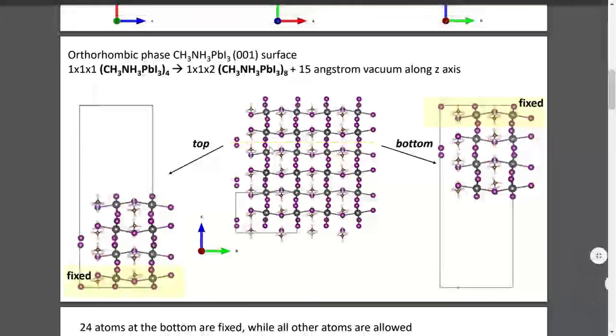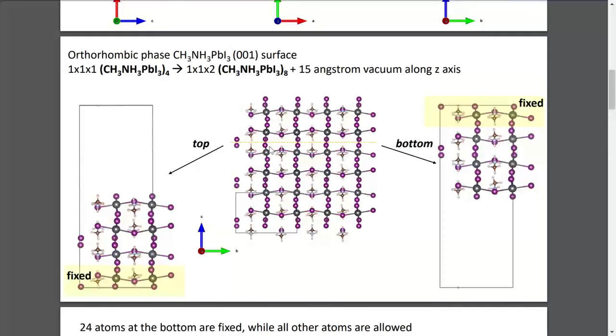Once we cut it, we have two surfaces, and we add 15 angstrom vacuum to each surface, so we have a top and a bottom. In our calculations, we also fix the bottom layer.